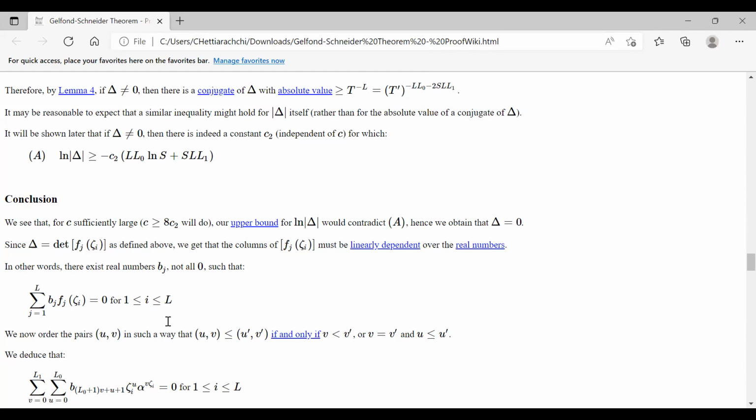In other words, there exist real numbers b_j, not all of them 0, such that the sum of b_j times f_j of zeta_i, with j going from 1 to L, will be 0 for each i from 1 through L.